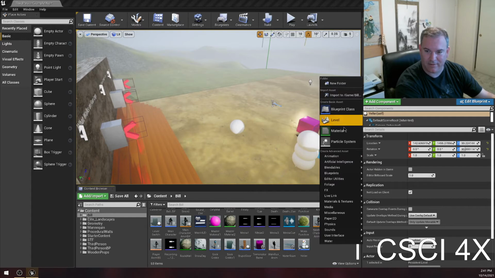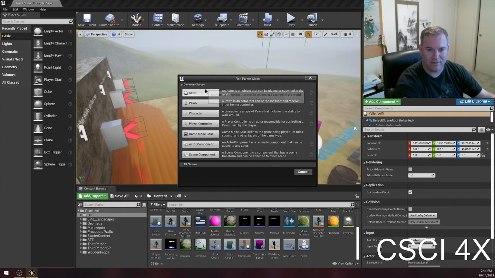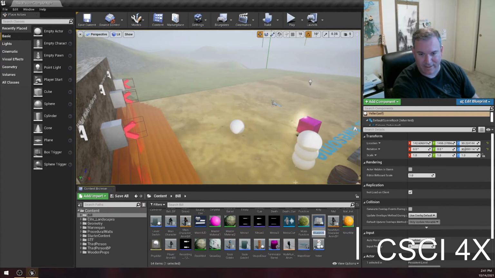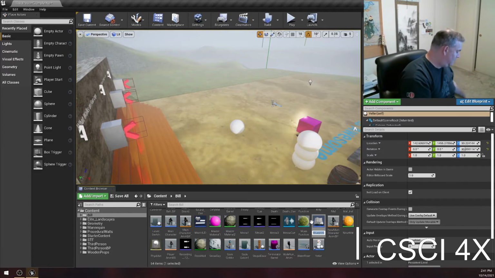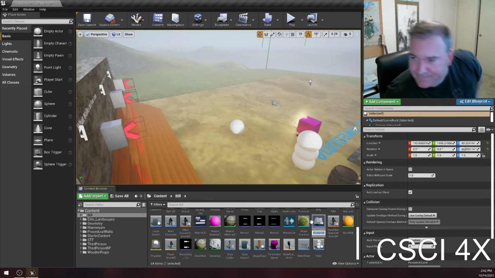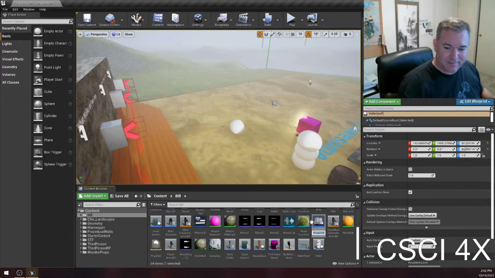All right. New blueprint class. We'll make just an actor, and it'll be, I don't know, security guard or something. Just move to the right or something.